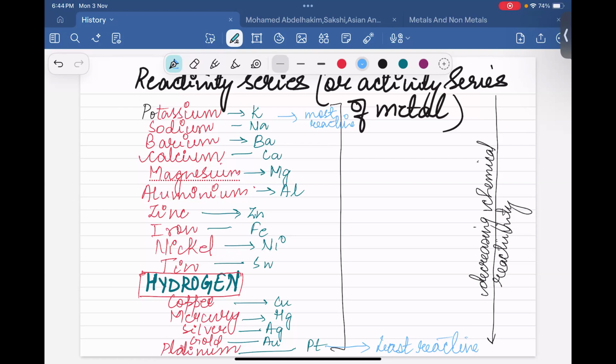All these metals from potassium till tin, all these elements which are above hydrogen in this reactivity series, are more reactive than hydrogen. These metals are more reactive than hydrogen.